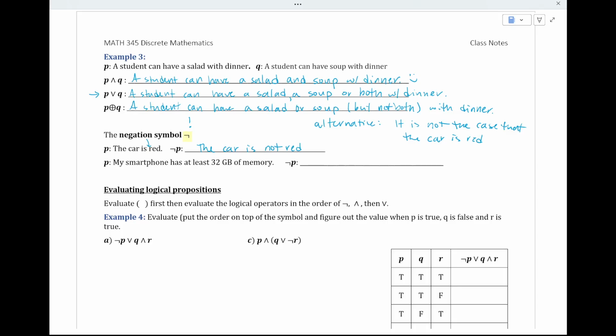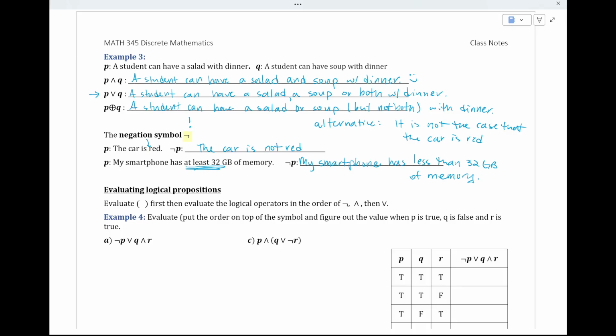Next one, P: my smartphone has at least 32 gigabytes of memory. Not P would be my smartphone doesn't have at least 32 gigabytes of memory, but the opposite of at least 32 gigabytes of memory would be less than 32 gigabytes of memory.